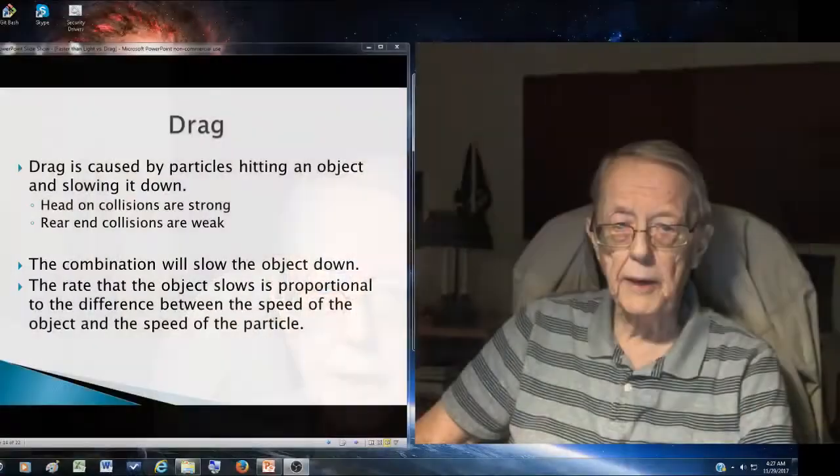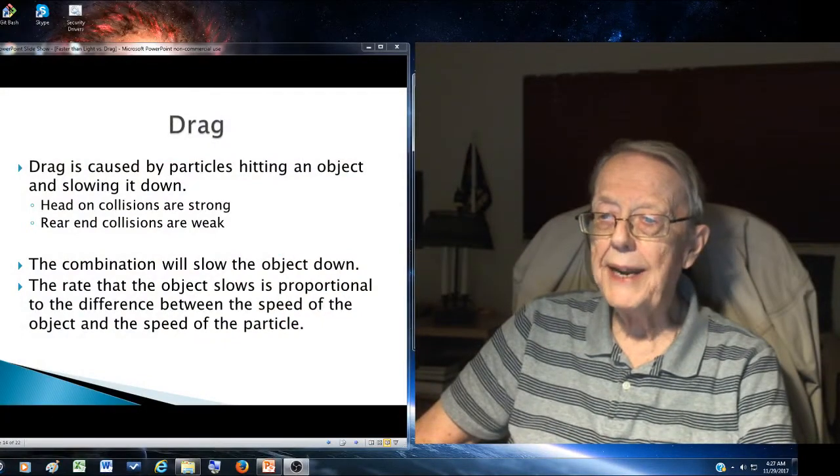On the other hand, if I move the same object in that same direction, and the particle, my thumb, is coming straight at it, they're going to come together real fast, bang, hitting real hard. Head-on collisions are strong. Rear-end collisions are quite weak.